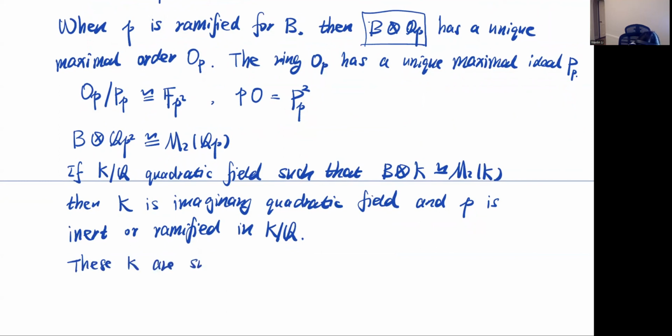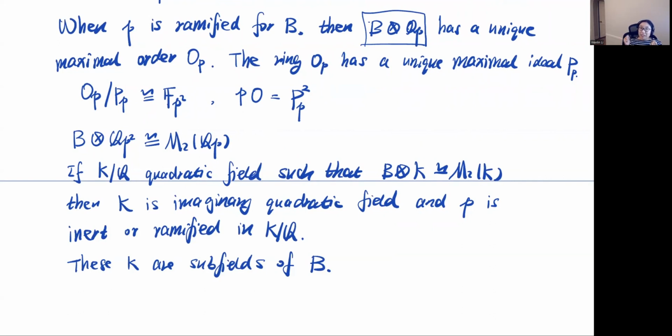And these K are subfields of B. B is a rank 4 Z-module, or in other words, B is a 4-dimensional Q vector space. So I can try to embed quadratic fields into B, because it is a division algebra.